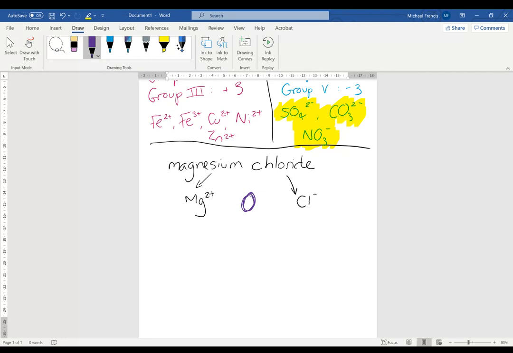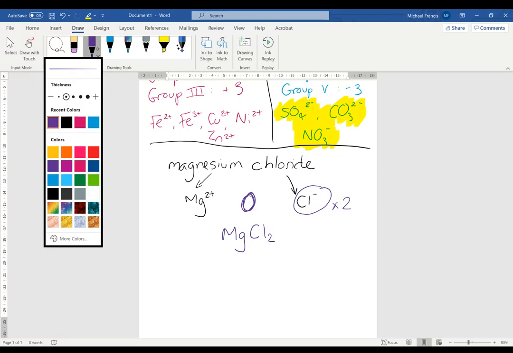So in order to make it work, I need to have 2 of my chloride ions, because +2 and -1 twice is going to equal 0. Okay, so +2 plus -1 twice is going to be -2. They'll be equal. So the formula will be MgCl2 because I need 2 chloride ions to balance the charge from my magnesium ion.